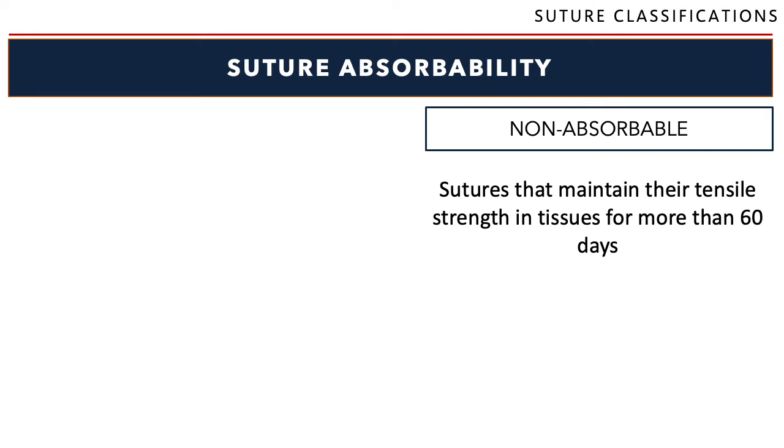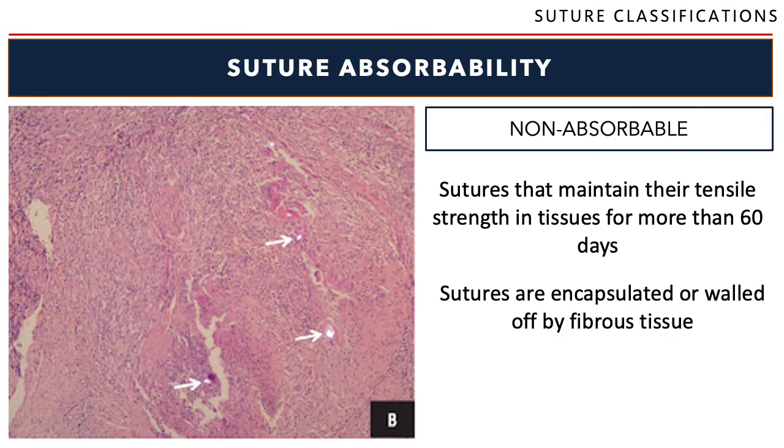And they cannot be broken down by the usual phagocytosis or hydrolytic mechanisms. These sutures, if they stay in the animal's body more than 60 days, they're usually encapsulated or walled off by fibrous tissue because they are foreign bodies. Okay?